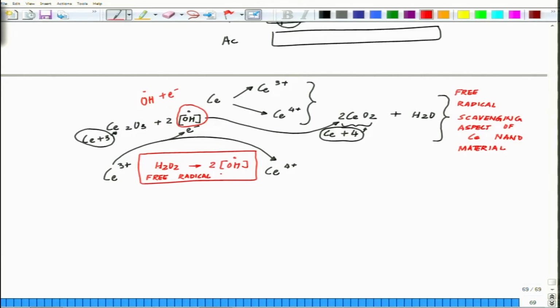Now, this Ce4+ state of ceria reverts back, or gets reduced. In that process, it picks up an electron from the surface, and this is the reducing electron, while the other is the electron which helps the ceria get oxidized. So, this electron which it picks up is basically a recovery by surface chemical reaction.